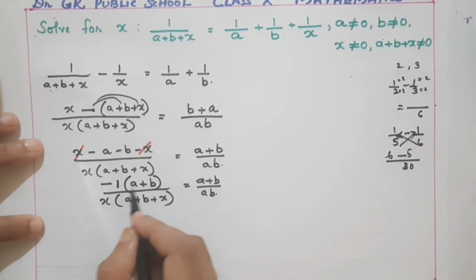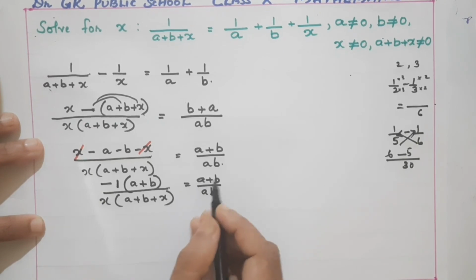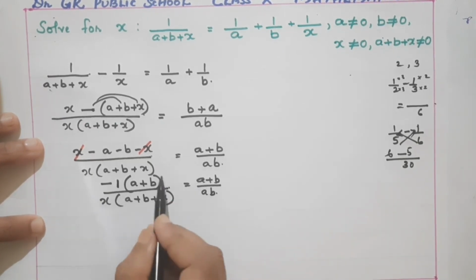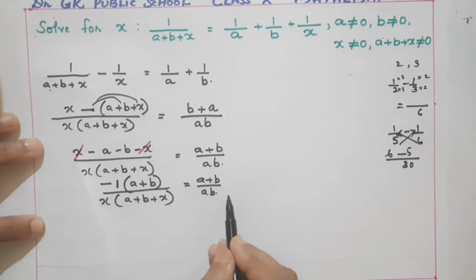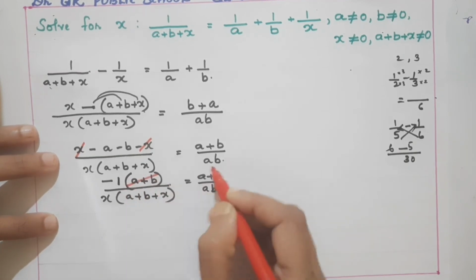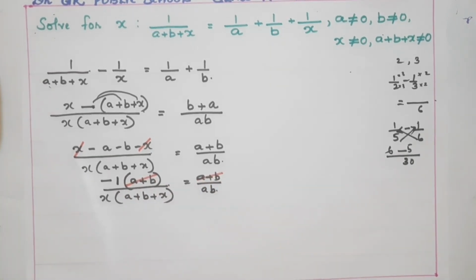Now here a plus b, here also a plus b. We can do the cancellation because this a plus b will come as denominator here. So we can cancel a plus b and a plus b here. So I am not writing that step. Here itself we can cancel a plus b and a plus b.